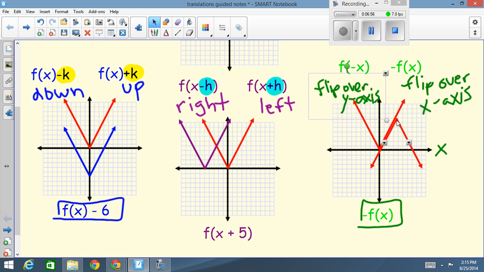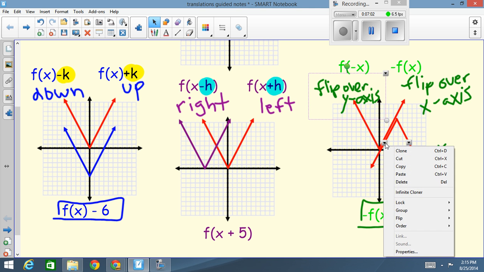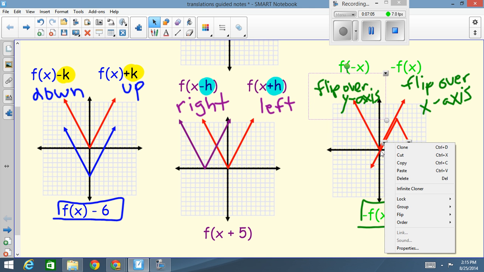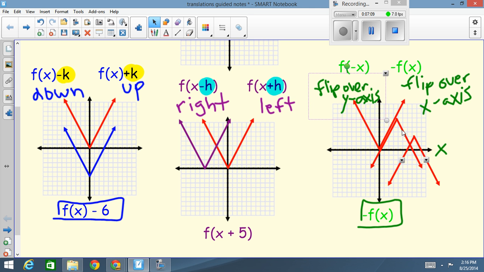So I flipped it down. It'll do the job, I suppose. You get the idea. So we've taken this thing and we've flipped it down.